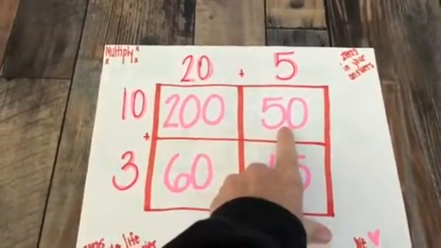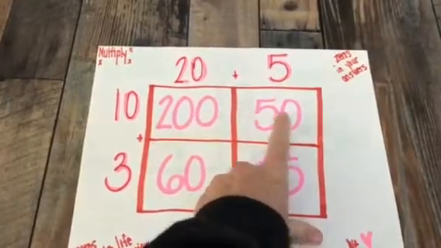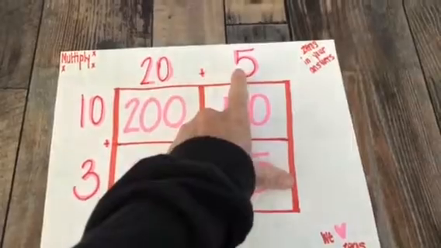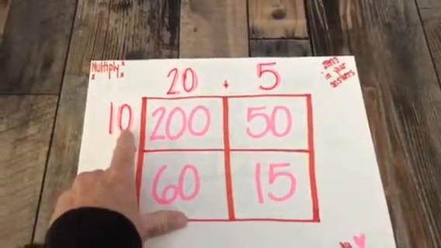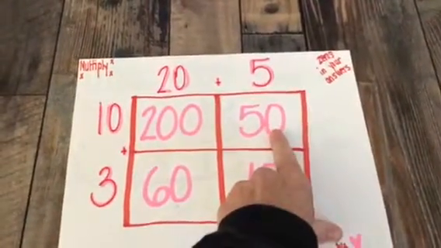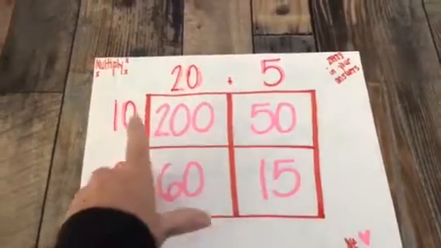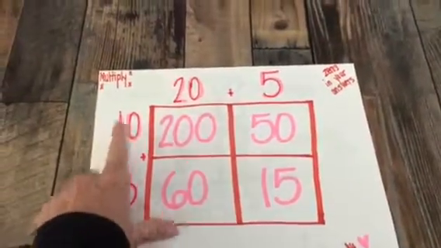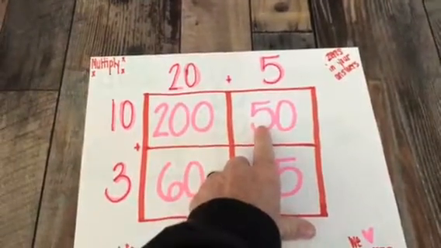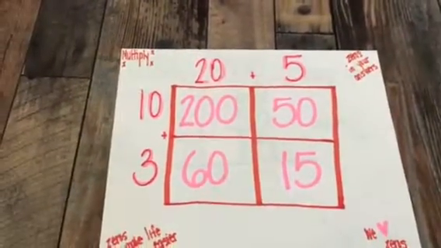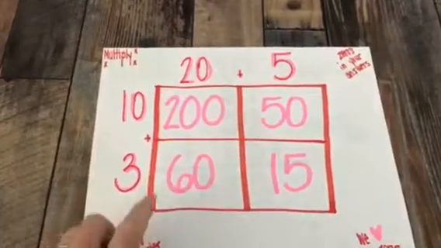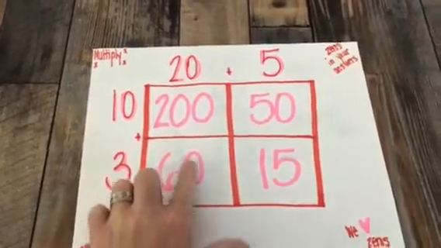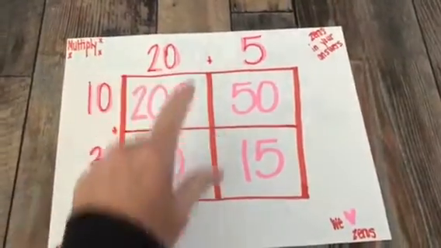Moving to the next box, we have 10 times 5. If we take our 0 and put it in our answer, all we're left with is 5 times 1, which equals 5. Next, we move on to 3 times 20.